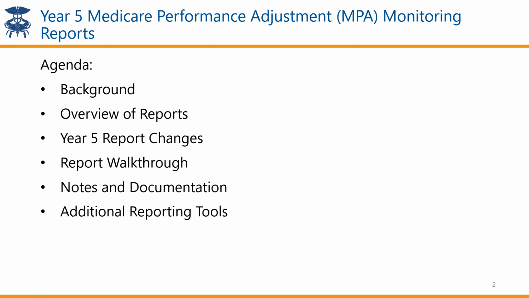Then we will do a very brief overview of the reports, just so you can understand what we're talking about visually. Then we will spend a decent amount of time on the changes that were made from Year 4 to Year 5, so you have a clear picture of what specifically has changed if you were a user of these reports in the past, so you can understand what they look like now.